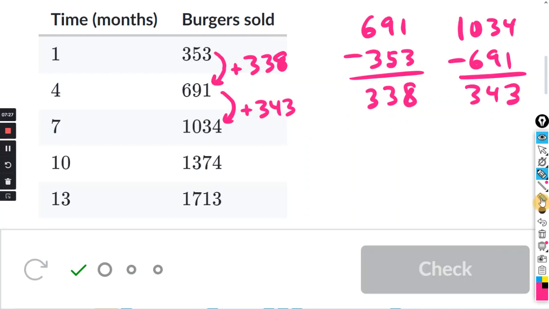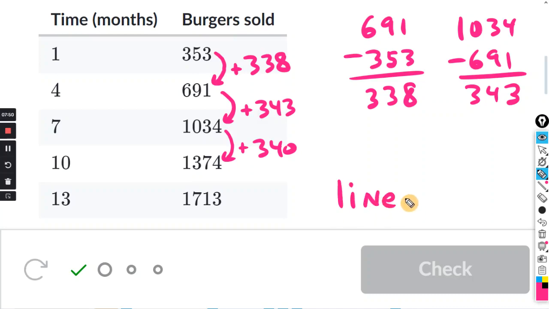Like I said, it doesn't have to be exact. So it's looking like linear at this point, but let's make sure with one more step. If I did 1374 minus 1034, that's going to be plus 340. It's close enough that it's the same each time.